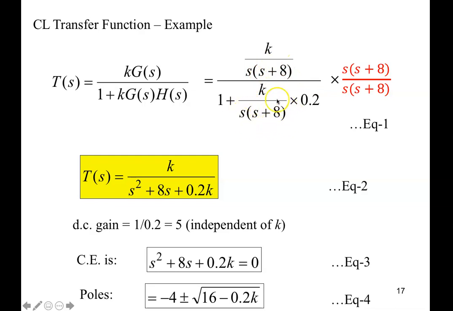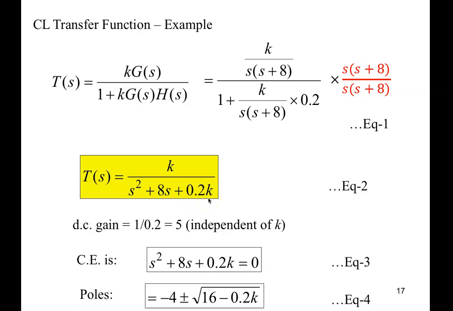So the numerator here cancels that out, and on the numerator I only have k left. The 1 in the denominator times s times (s plus 8) gives s squared plus 8s. And the other term times the second term in the denominator cancels out, so the only thing left is 0.2 times k.